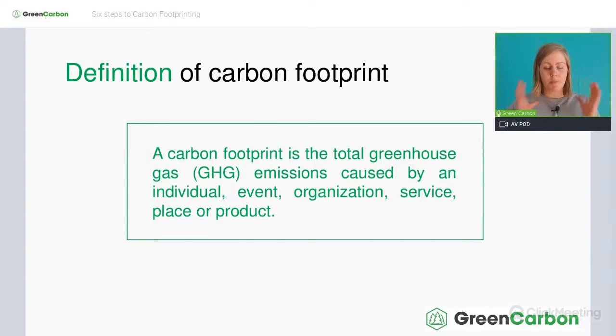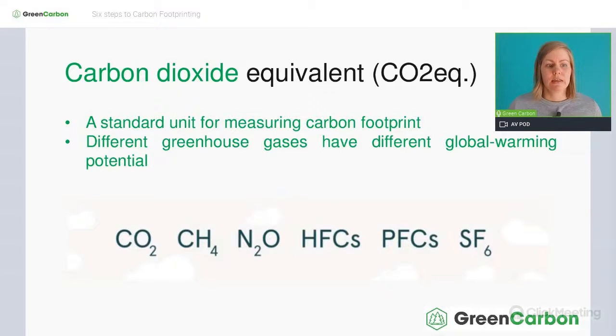So the carbon footprint consists of the different emission sources that a certain unit, for example a company, has. And the results of the carbon footprint are in carbon dioxide equivalents. This is a standardized unit by the IPCC.